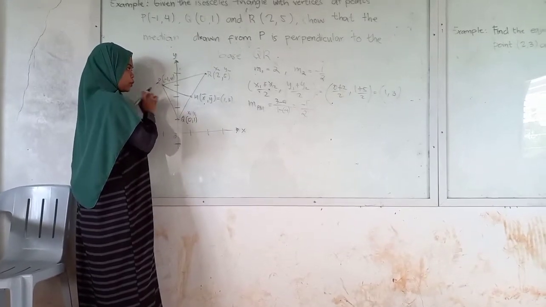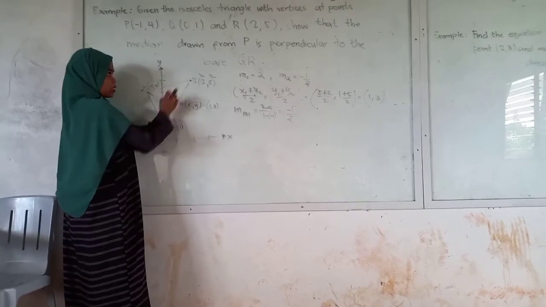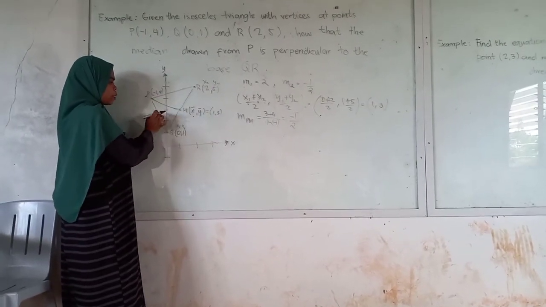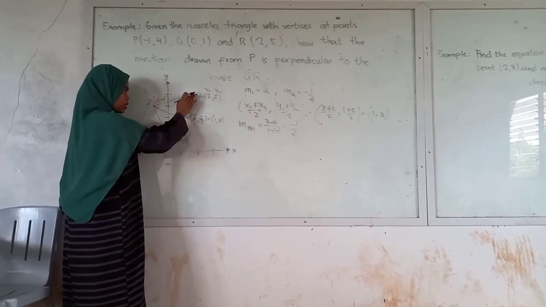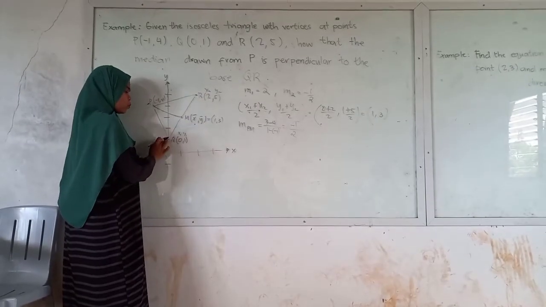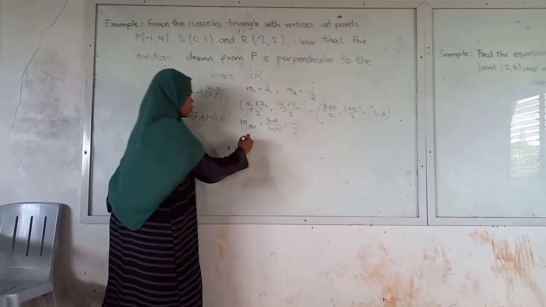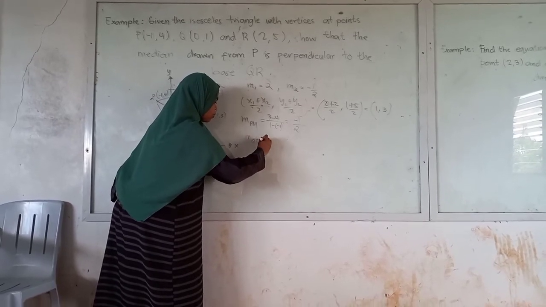So, kukunin ko na naman yung slope nito from Q to R. Kasi yun naman yung ipapakita natin sa problem, that the median, this one, is perpendicular to this base. So, kukunin mo din yung slope ng base natin na QR. So, what is the slope of the segment joining QR?